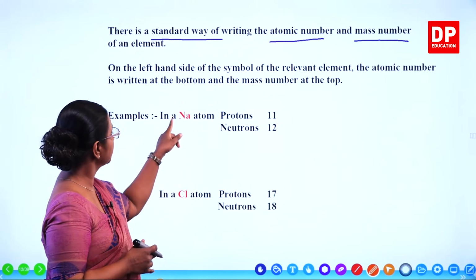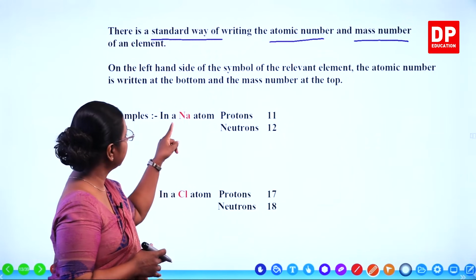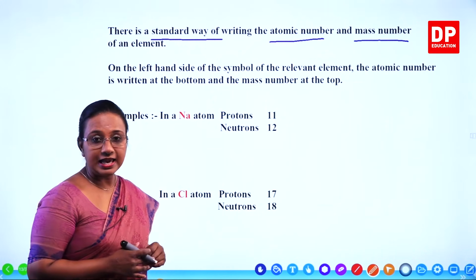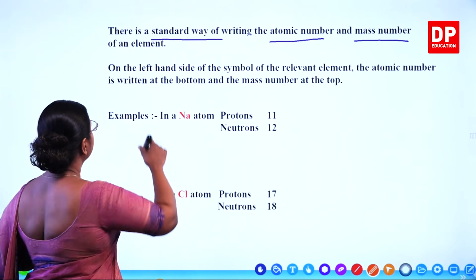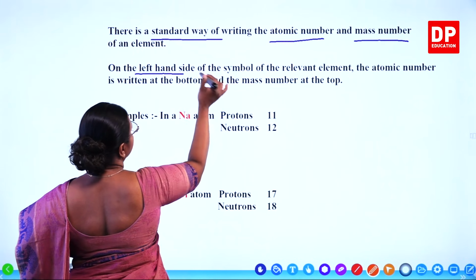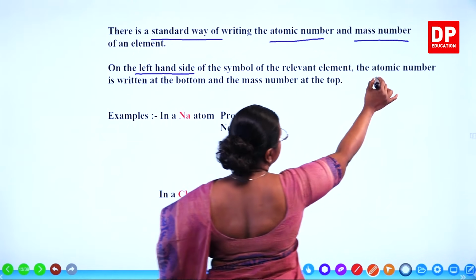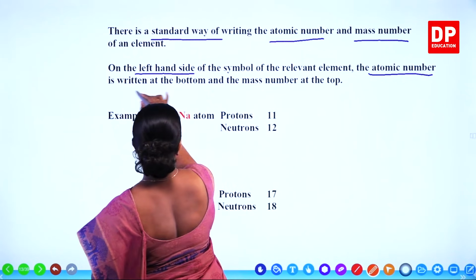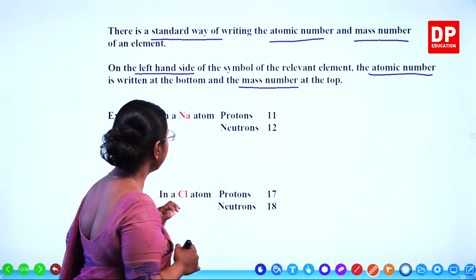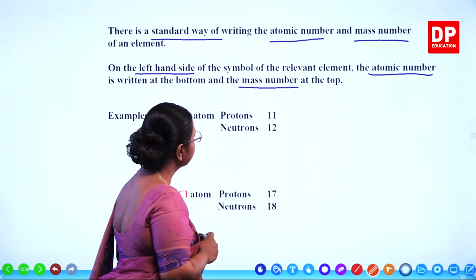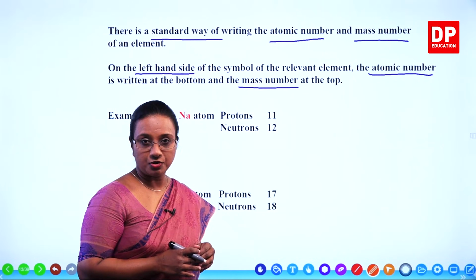For example, sodium, the Latin name is natrium, and the two letters N in capital and a in simple. We write that, and then on the left hand side of the symbol, we have to write the atomic number and the mass number. I will show you how. In sodium, we have 11 protons and 12 neutrons.